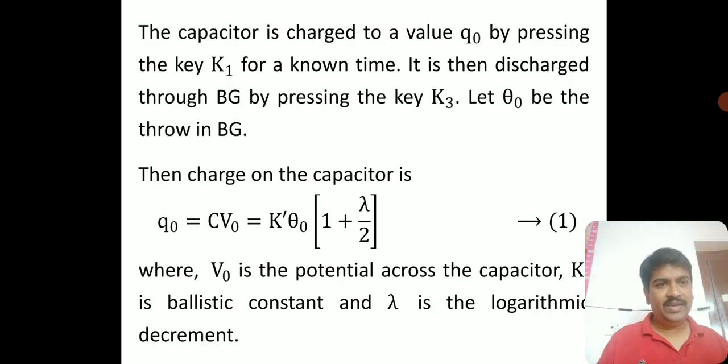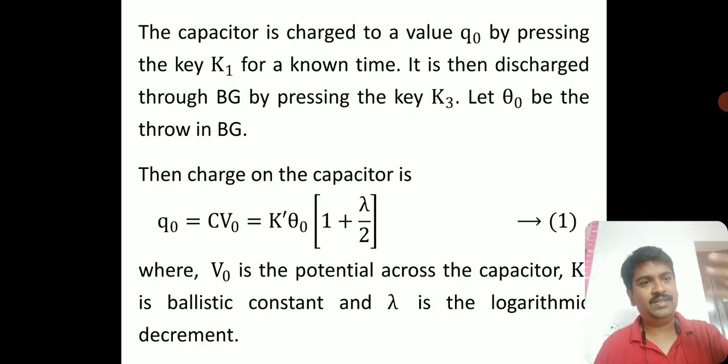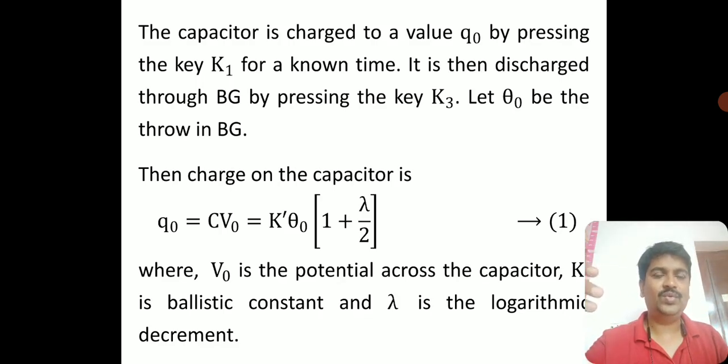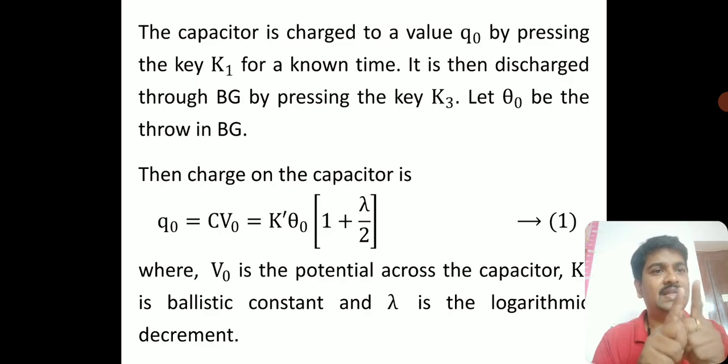While deriving the theory of the BG, I got the equation for Q as K dash theta. Theta is the first correct deflection and theta naught is the observed deflection. So from the observed deflection to the correct deflection, you need to add the term 1 plus lambda by 2.